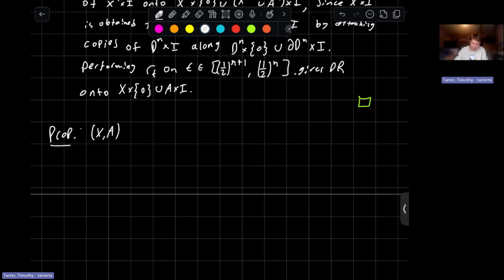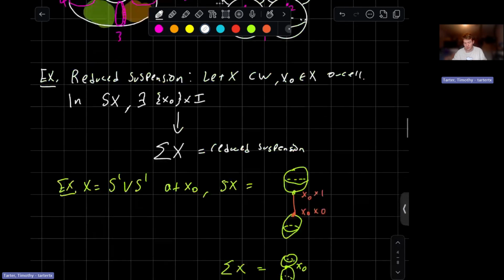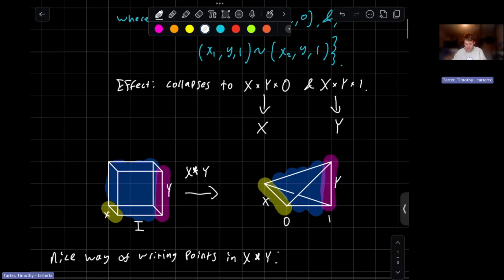If X, A satisfies the homotopy extension property and A is contractible, then the quotient map q from X to X mod A is a homotopy equivalence. Yeah, so this was the one way up here.